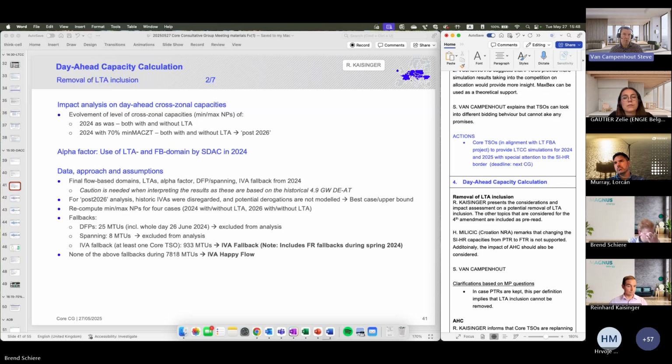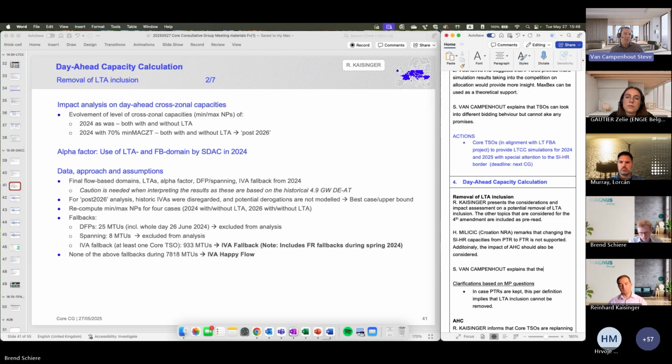You have the Romanian-Bulgarian border, and so that determines that the solution to look for in the day-ahead capacity calculation is about representing what is the impact of these physical flows that come from these PTRs.